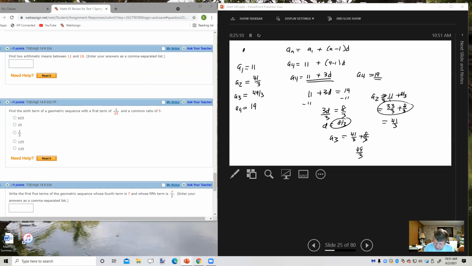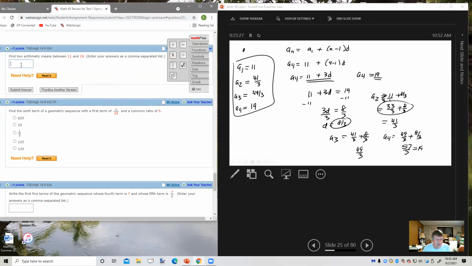And just to check, a sub 4 should be 49/3 plus 8/3, which is 57/3, which is 19. So it checks. All right, now find the two arithmetic means. So we're only going to put the arithmetic means in here.